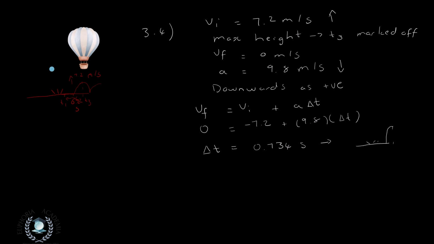This is essentially what we got. But the total time, which will be our T3, takes into account from when the ball hits the ground to it staying on the ground as well as it going up.